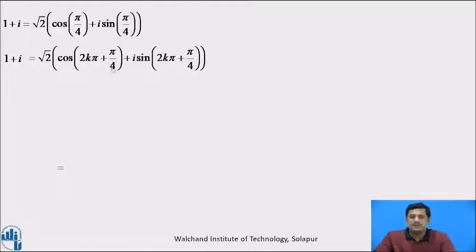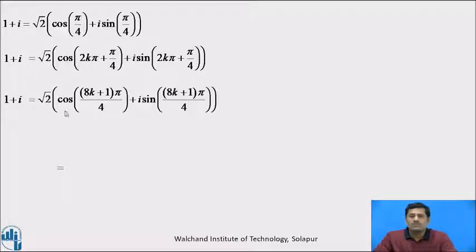Now taking the cross multiplication, the numerator is 8k pi plus pi. Taking pi common from the numerator, we get root 2 into the bracket cos of (8k plus 1) pi upon 4 plus i sin of (8k plus 1) pi by 4.